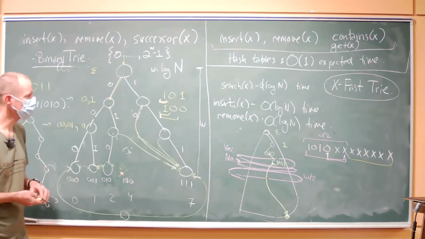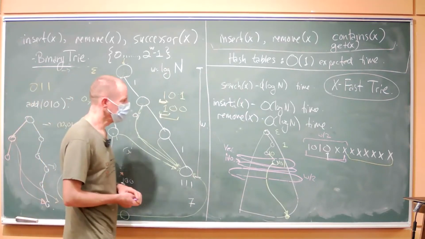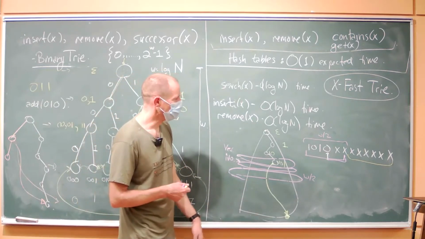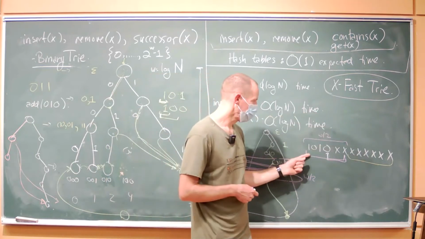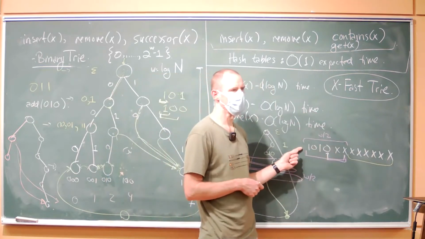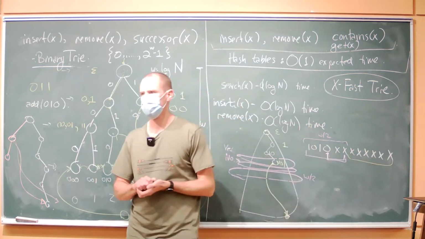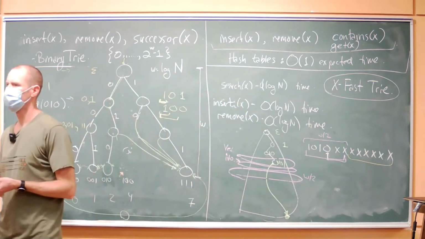That's not a problem. What you're always searching for is some prefix of the string you're given, and you can always get that prefix just by right shifting off the parts you don't care about.